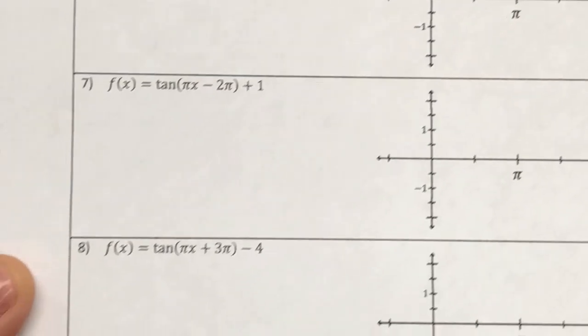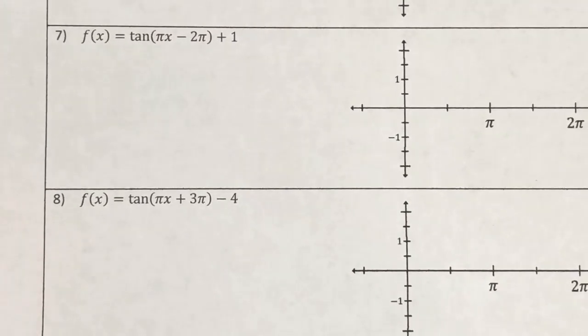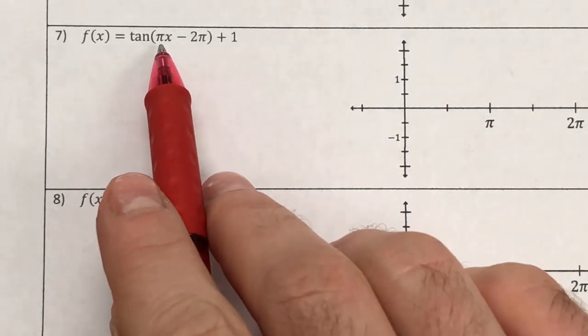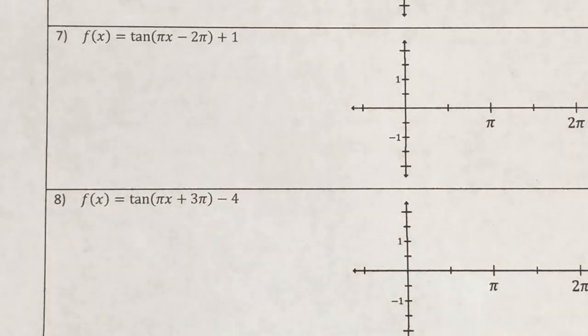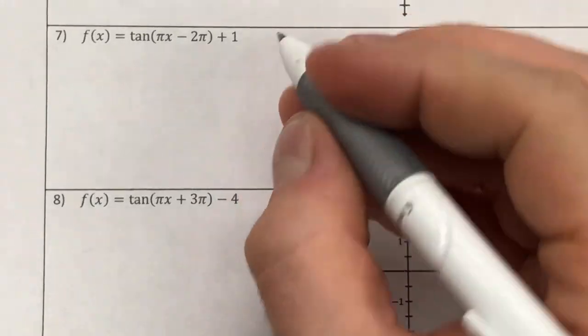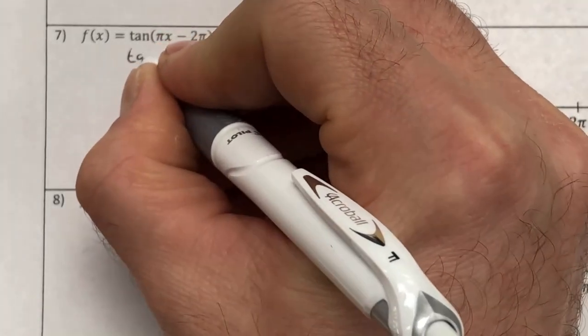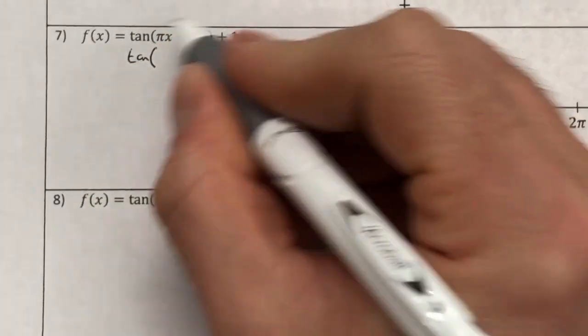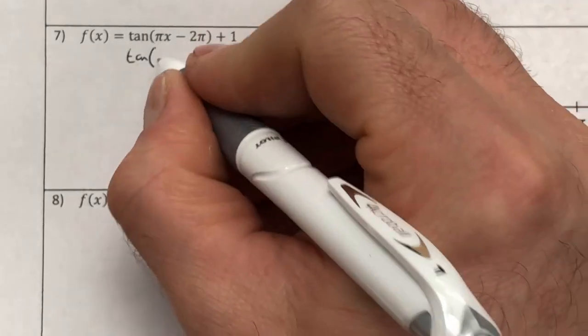So let's bump off to the next one. Now, the next one, we've got a couple different types of transformations, and this one is a little trickier than the others. On number 7, what we see is the fact that we have a pi in front of the x. So I know in order to get my period, I'm going to have to factor out whatever is in that set of parentheses away from the x.